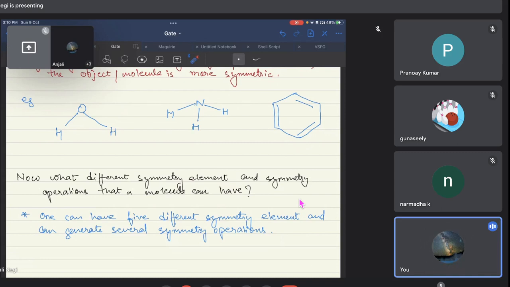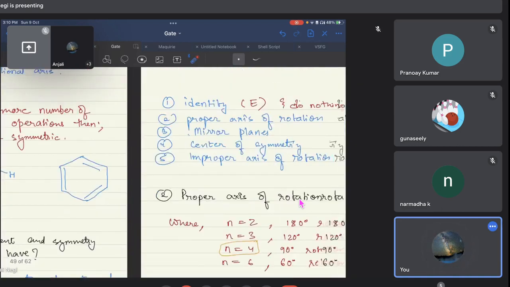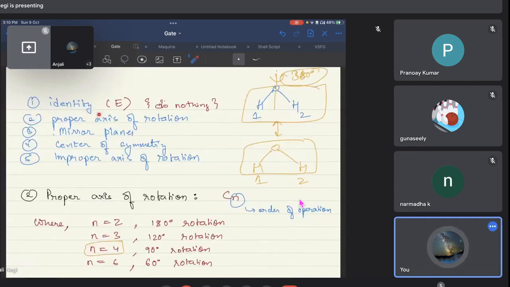One can have a total of five different symmetry elements that can generate several symmetry operations. Those are: number 1, identity; number 2, proper axis of rotation; number 3, mirror planes; number 4, center of symmetry; number 5, improper axis of rotation.